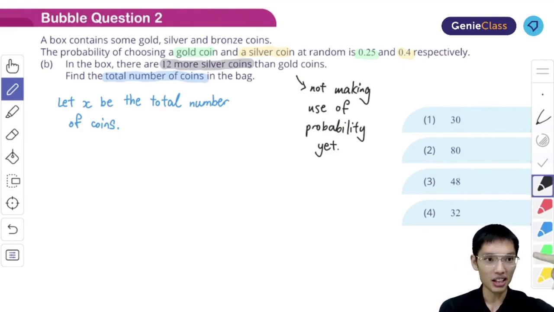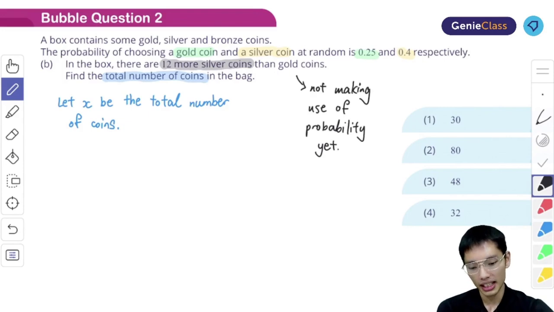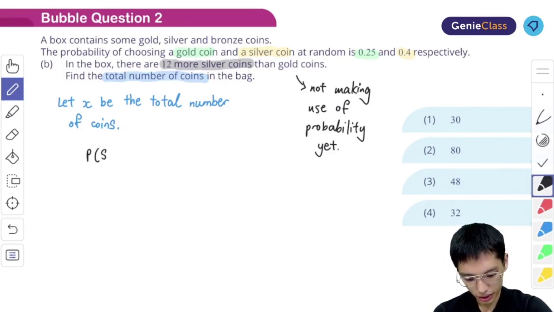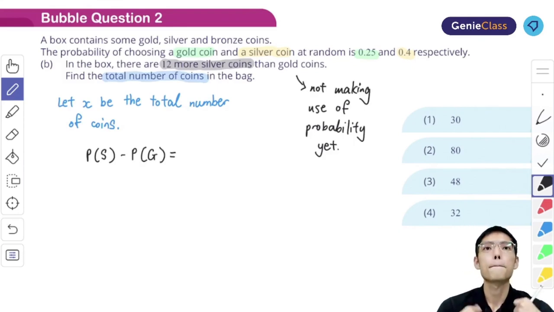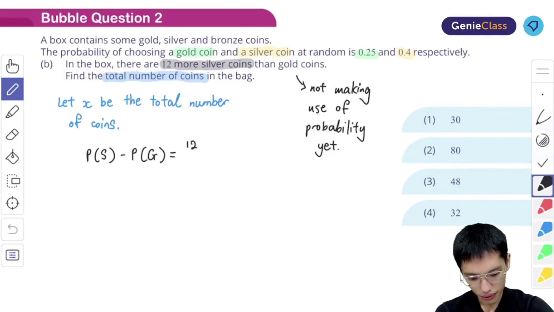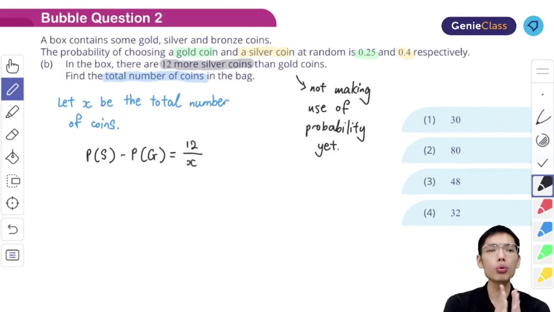But there's a lot of working process behind, so it's going to be a bit hard. But translate it down. Can I say, since I know the total number of coins, the probability of getting silver coins is more than gold coins by 12 over X. Now, how do I translate this sentence?